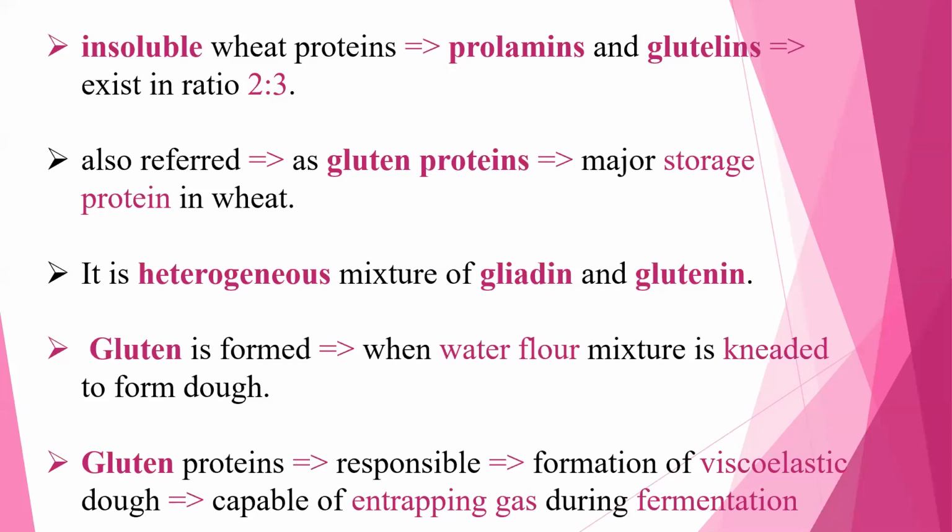Gluten proteins are responsible for the formation of viscoelastic dough that is capable of entrapping gas during fermentation, and because of this entrapped gas, during baking it will leave the material, and the final baked product will be spongy and its volume will also be increased.